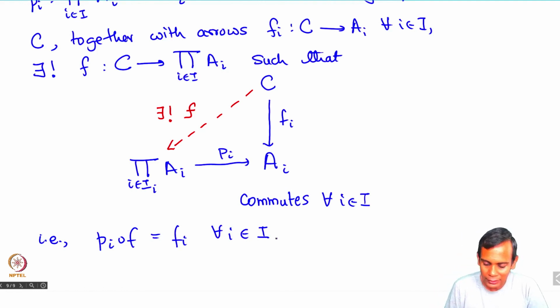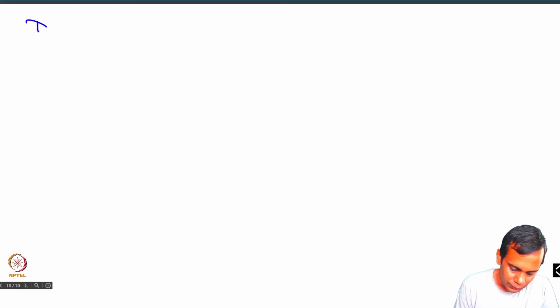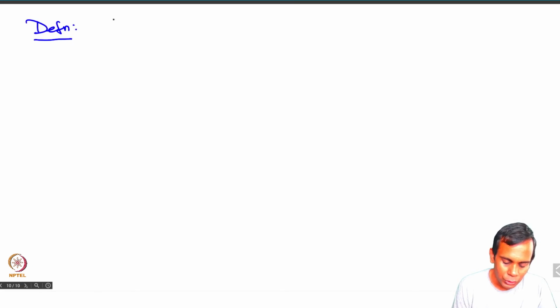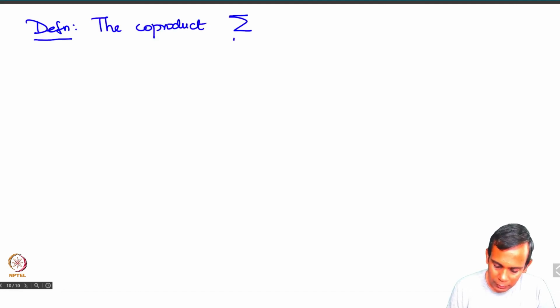And similarly, you can define a coproduct of an arbitrary family of objects. It's the same kind of definition. So we usually call it summation, the coproduct, same notation as before, summation over i in I of Ai.